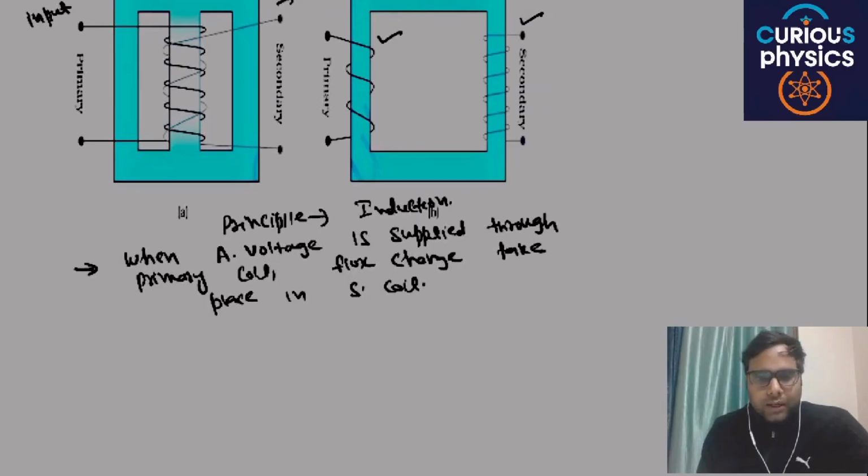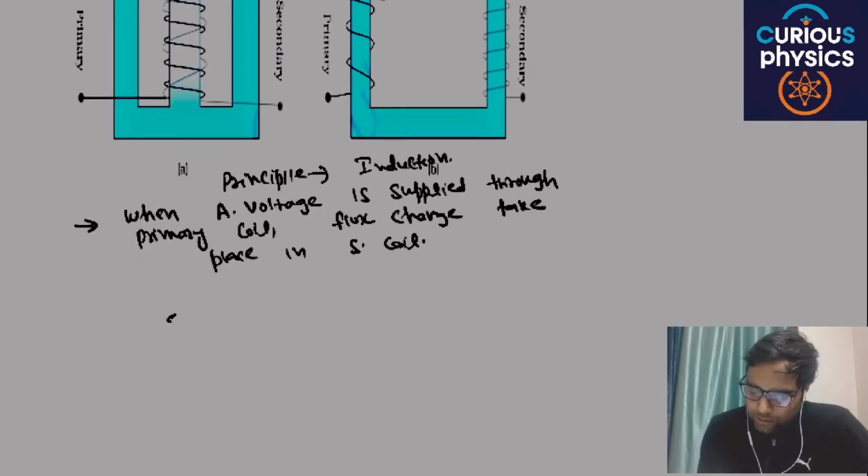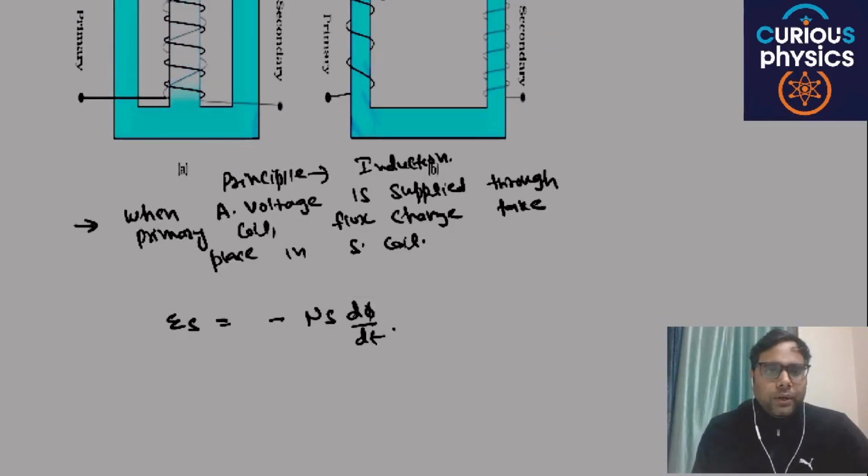Then according to Faraday's law, we know that induced EMF in secondary coil is nothing but minus Ns into d phi by dt. Are you able to understand my point or not?